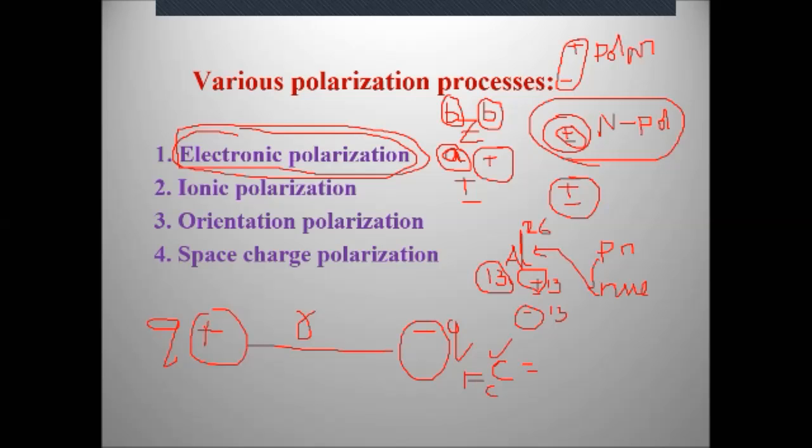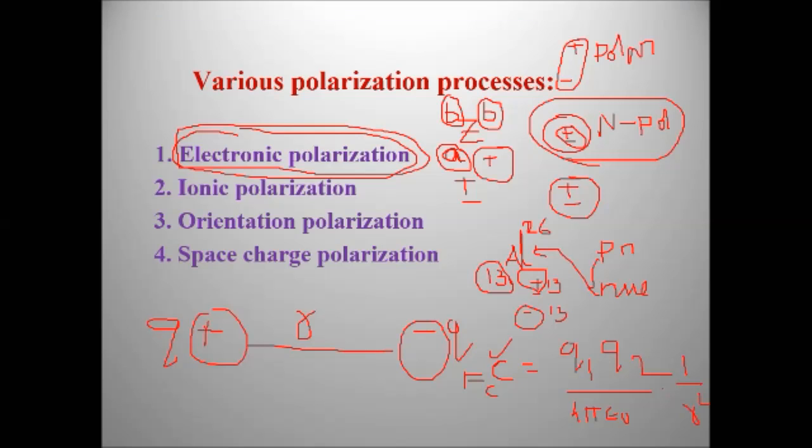It can be written as the product of the magnitudes of two charges Q1 and Q2, divided by 4 pi epsilon naught, into 1 by r square. This is the relation for Coulombic attractive force. We should keep it in mind because these topics are useful in electronic polarization.